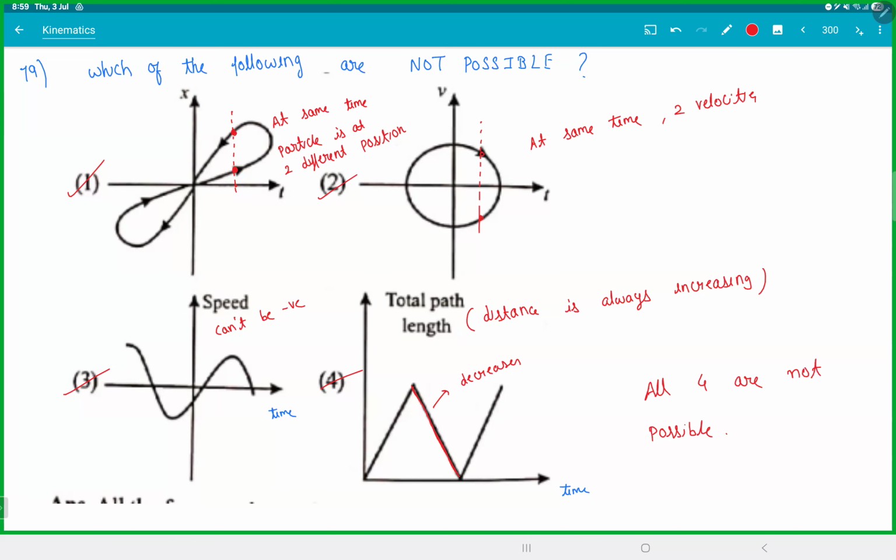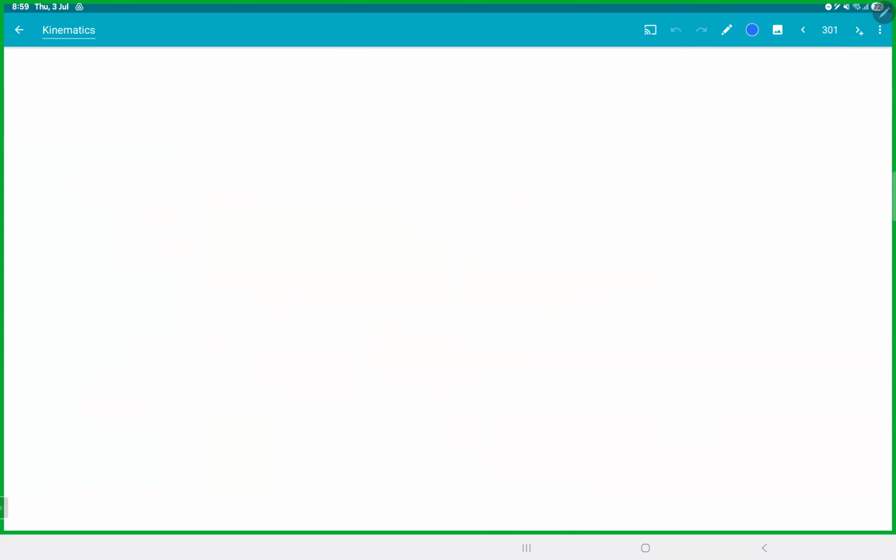You get these kinds of questions, good theoretical ones. Let's see one more. Let's say this is a V and X graph. Let's say this is a graph V is equal to 2x square.